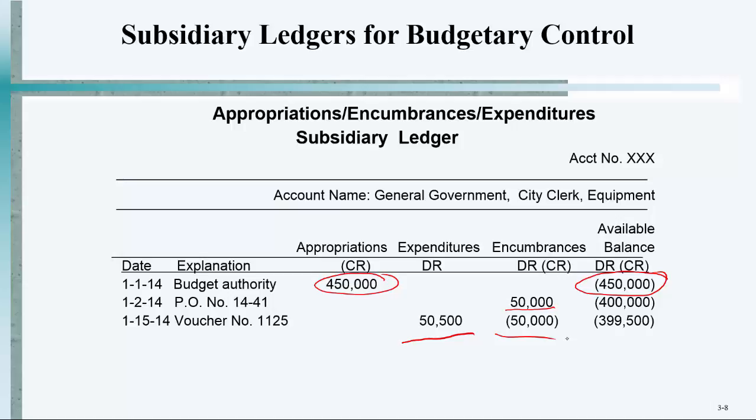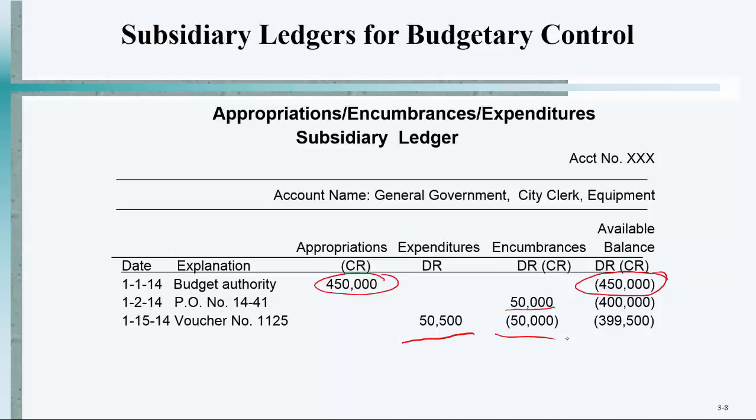Okay, all right. Now, what happens? We sit there for the entire year going through this process, don't we? Now we come to the end of the year. Do we need our budgetary accounts anymore? They covered us for this year, didn't they?